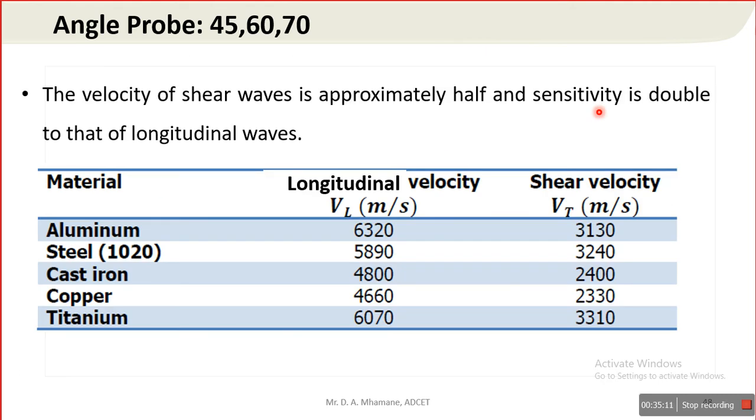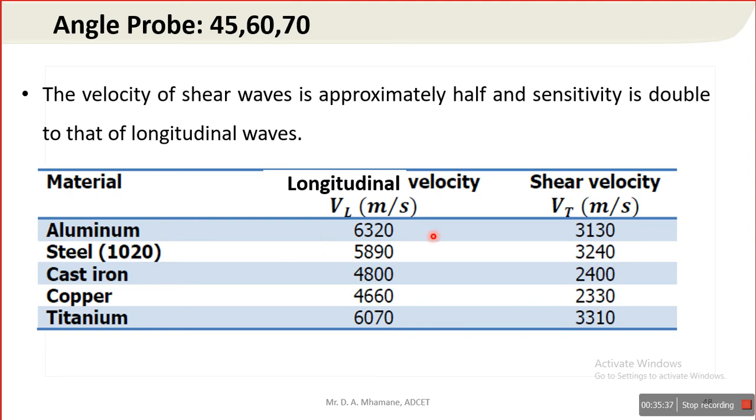If you consider the shear velocity and the longitudinal velocity of sound, they have a particular relation. The velocity of shear wave is approximately half and sensitivity is double that of longitudinal wave. Consider these few types of materials and these are the velocities of the particular material.